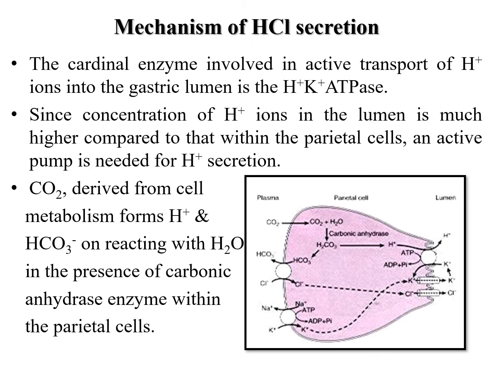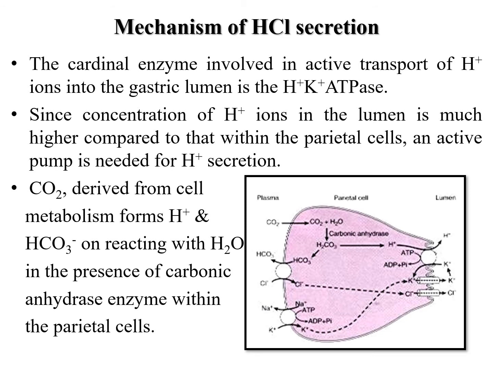The carbon dioxide, being lipid soluble, easily diffuses through plasma membranes, and once it diffuses inside the parietal cell, due to the presence of the carbonic anhydrase enzyme, this enzyme leads to the combination of CO2 with cellular water and formation of carbonic acid, or H2CO3.